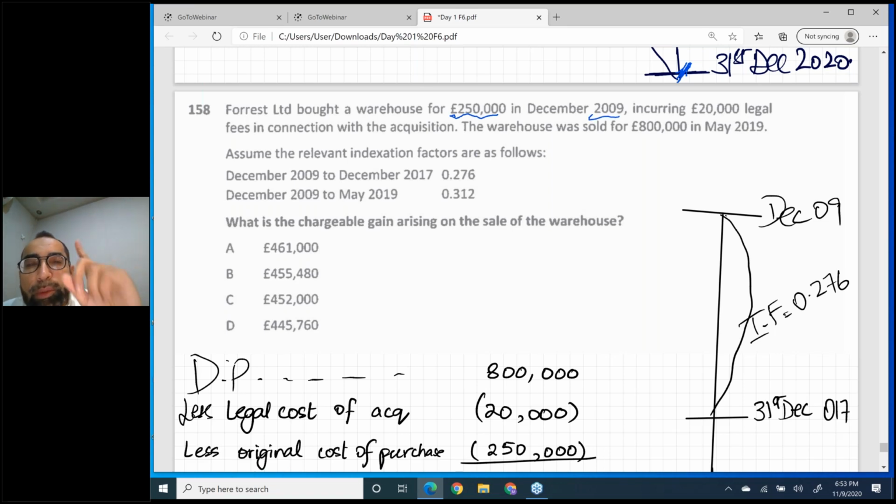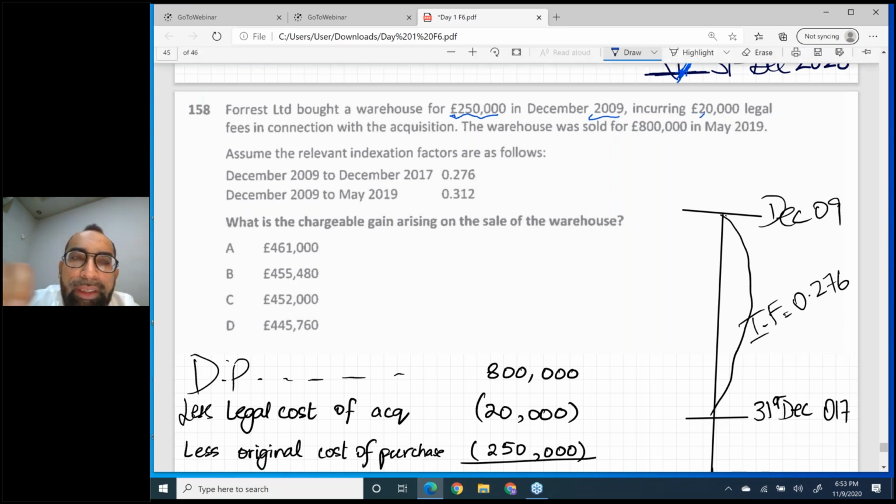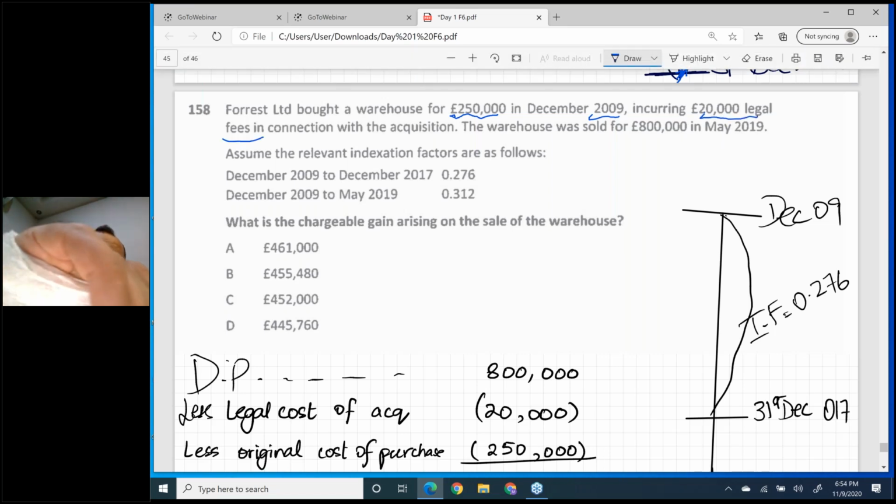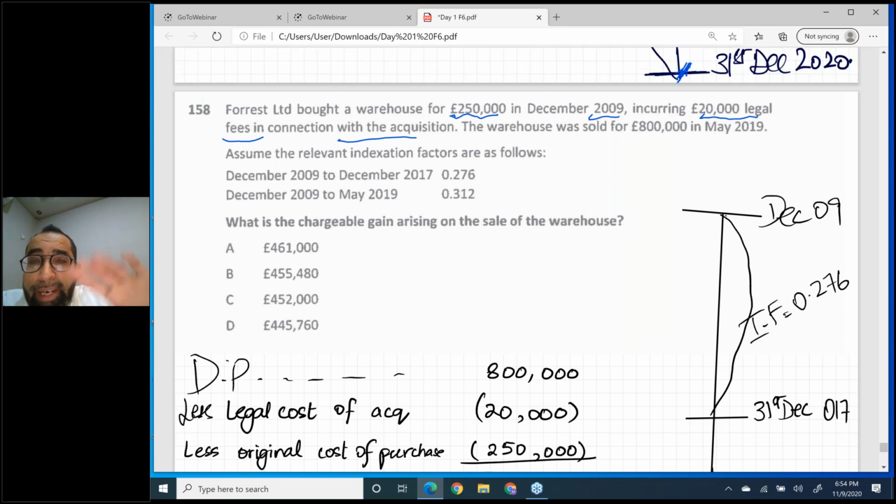Think over it, 2009. That means they bought it before 2017, so yes, they are eligible for indexation allowance. They also incurred 20,000 legal fees in connection with the acquisition, on the same date, and this is allowed.